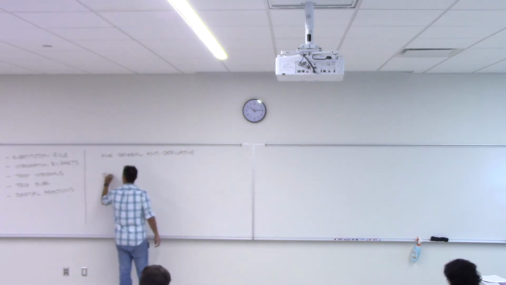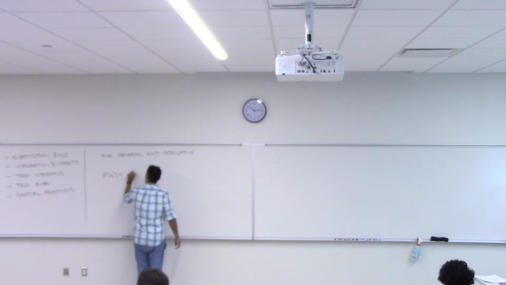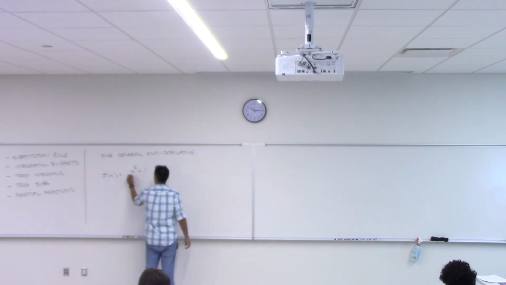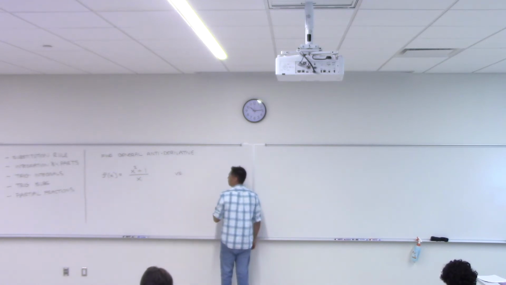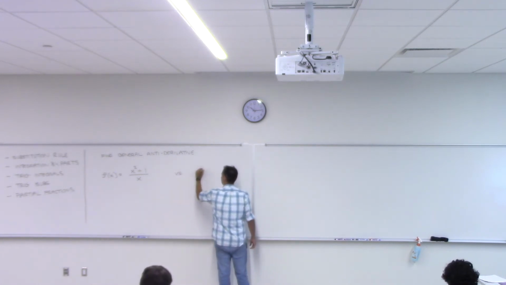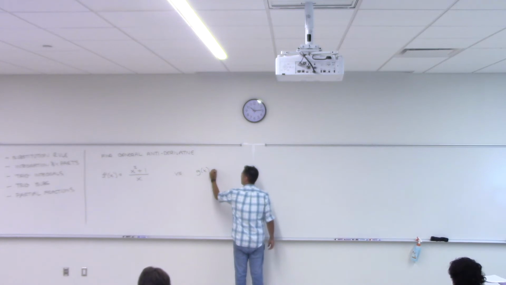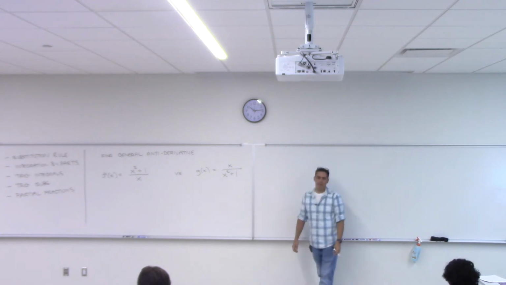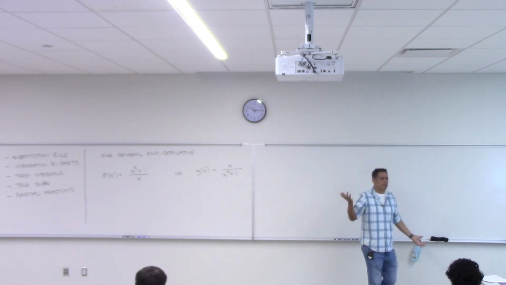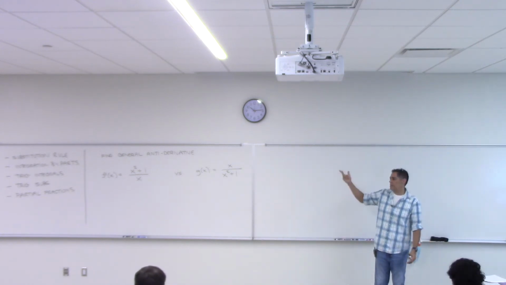The first one, f of x, is x squared plus 1 over x. And I'd like for you to contrast that with this function. I'm going to call this one g of x, just so that it's not the same thing. And I'm going to put x over x squared plus 1. Very, very subtle difference between the two, right? All I've done is flipped it over, right?